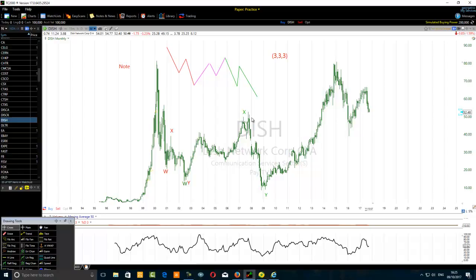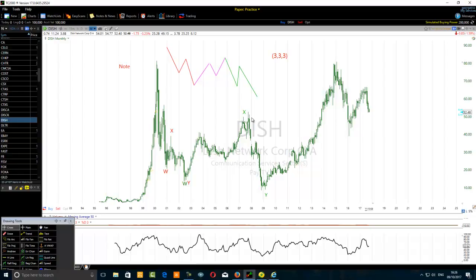The Y can also be a zigzag, a flat correction, or a triangle. So the X and the Y are corrective waves, either zigzag, flat correction, or triangle, with the exception that the W in theory cannot be a triangle.